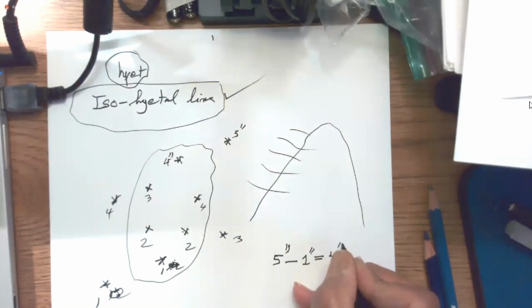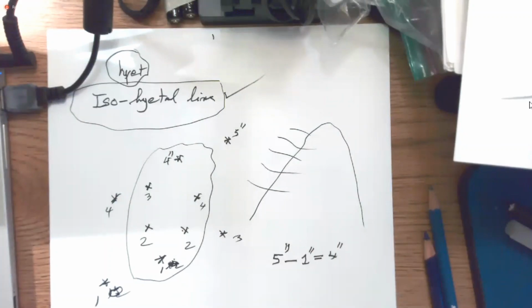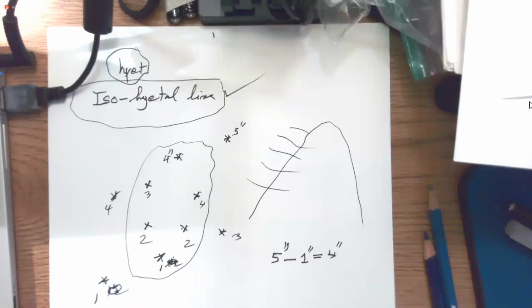So the range is 4. That means the variation from highest to lowest is within 4 inches. So you can make 4 contour or isohyetal lines, or you can make 8, twice that, or 3 times that, 12.